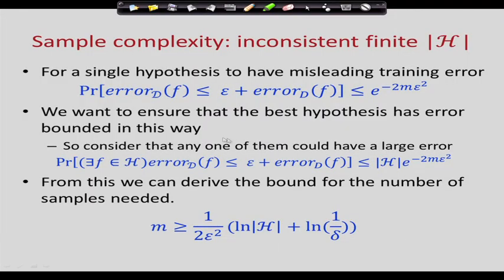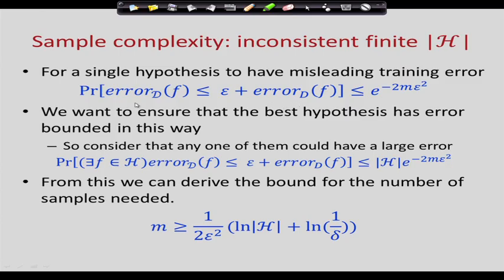Now, what we want to do is find the guarantee on the actual error, the true error of the hypothesis f over the distribution d. f is a hypothesis which is output by the learner, which may have a sample error. This is the sample error and this is the true error.